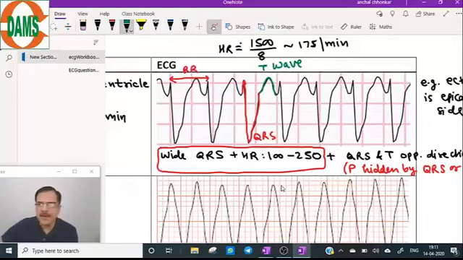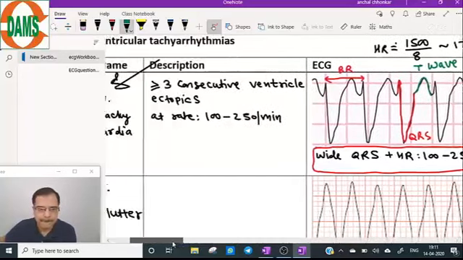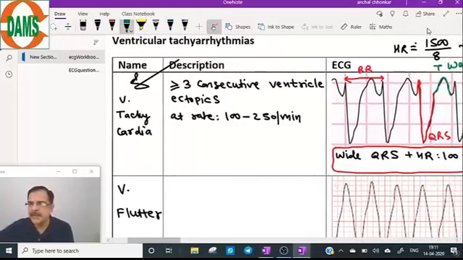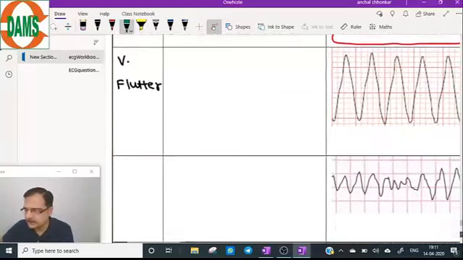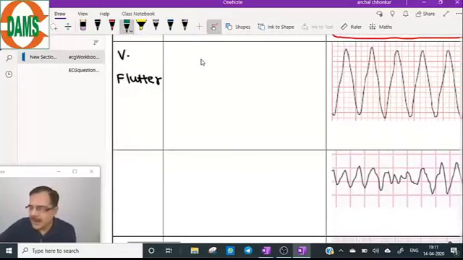So come to ventricle flutter. The next arrhythmia is ventricle flutter. What is the difference between a third degree AV block and ventricle tachycardia? Very easy.